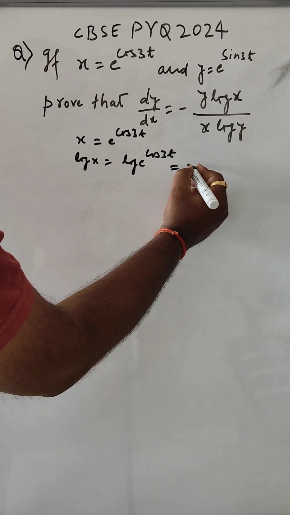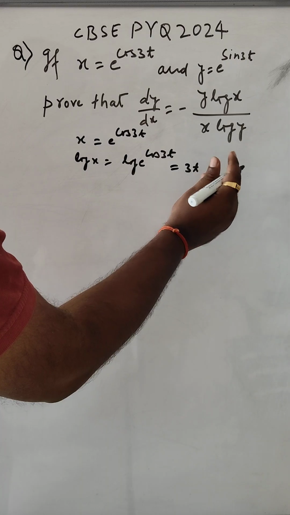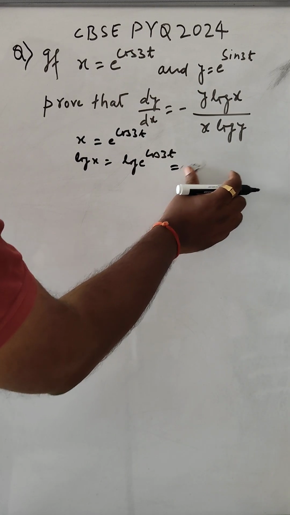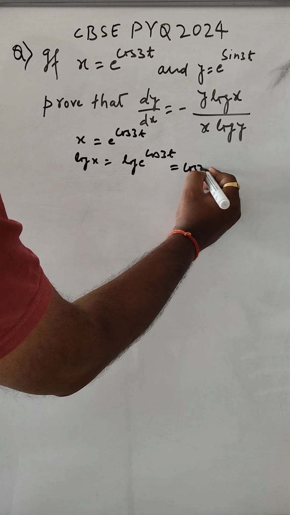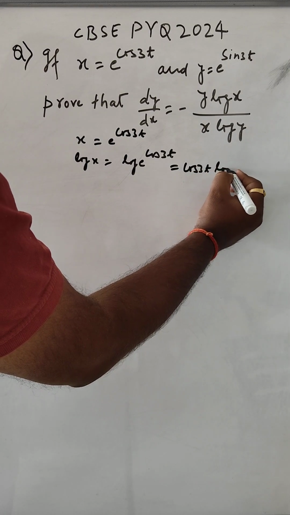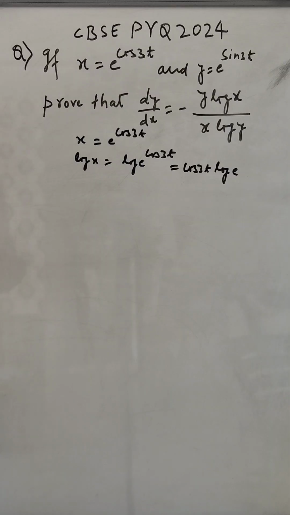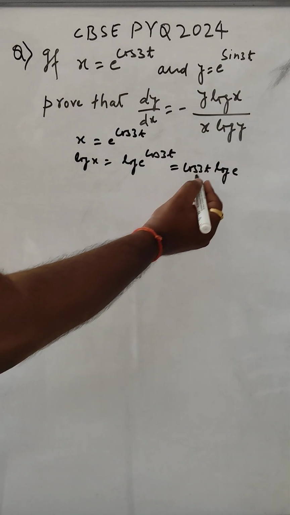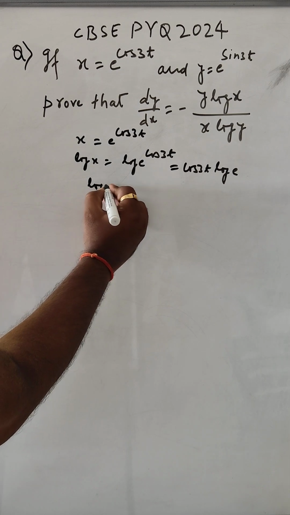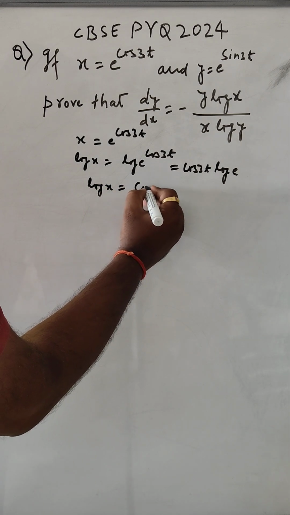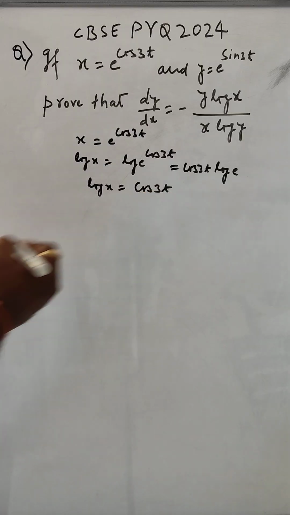Then it can be written like cos 3t log e. Now log e is equal to 1, so we have log x is equal to cos 3t.